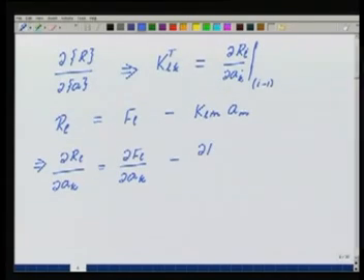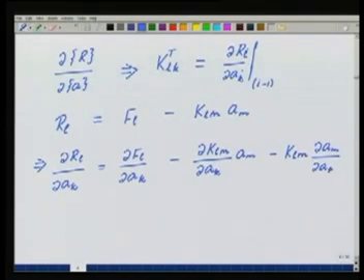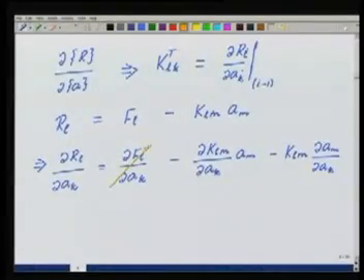So del K_LM by del A_K into A_M minus, again here we will have K_LM del A_M by del A_K. Okay, so in what we have taken, our F is independent of the displacement. In the case that I have a follower load, where the load is changing with the configuration, F will also be a function of the displacement. Nevertheless, here it is 0.